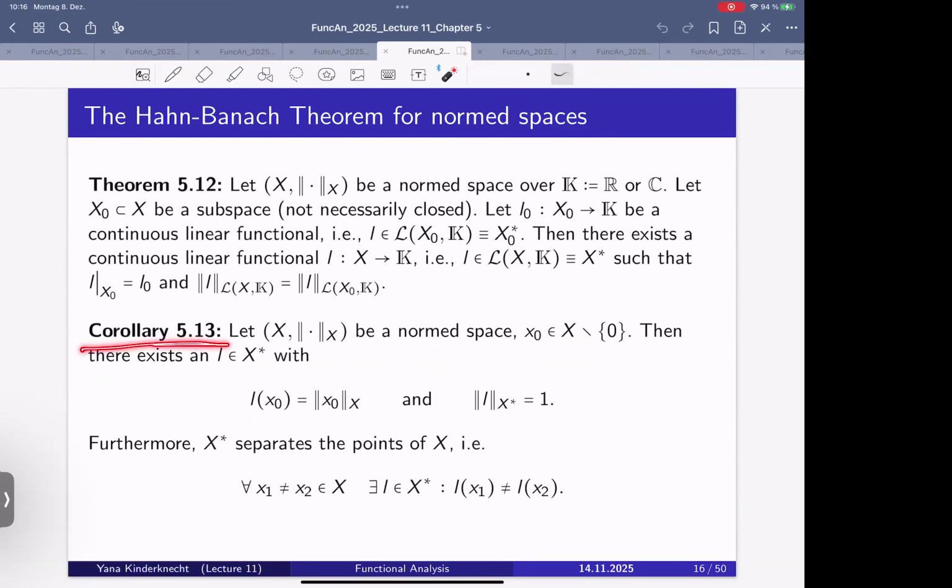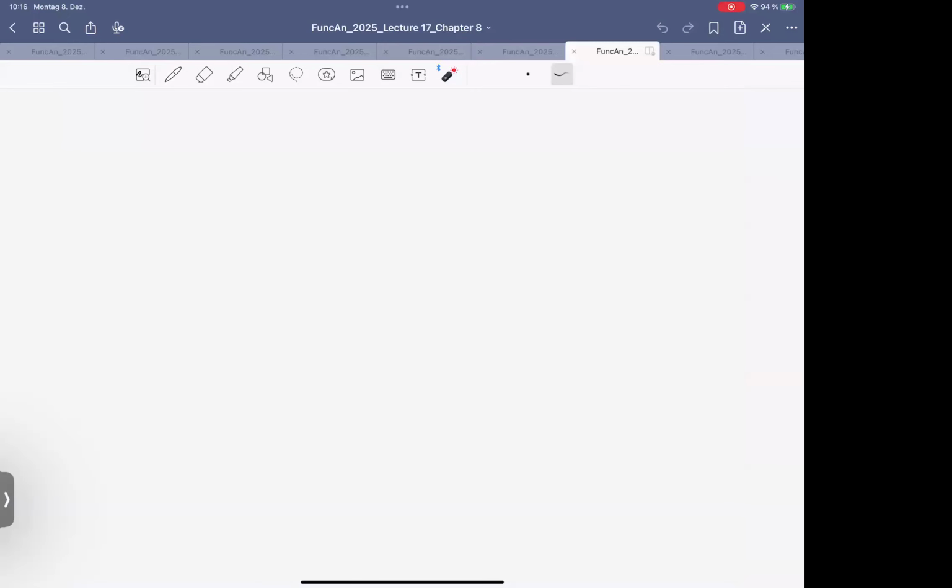So corollary 5.13 says that for any point of a normed space, we can find a continuous linear functional in this space such that at this point, the value of the linear functional is exactly the norm of this point, and the norm of this linear functional is 1. Okay, do you remember this corollary? Yes. So good, then we use it.